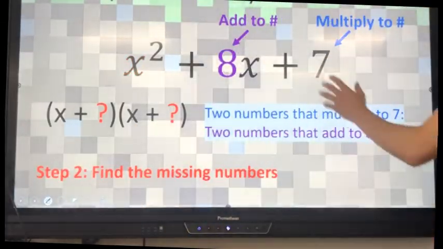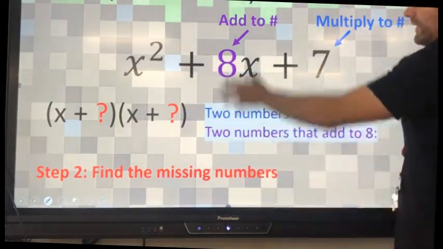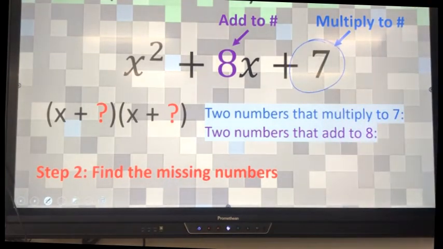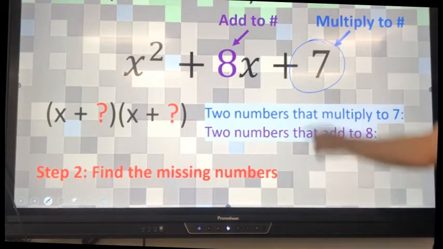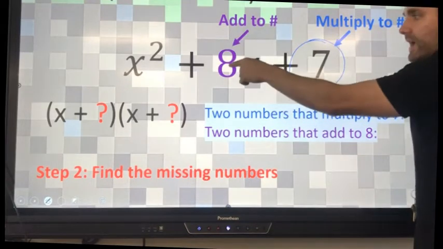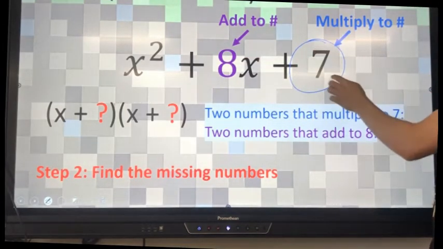Well, we've taken care of this side, the a, with those first x and x. Now let's look at the other numbers. Looking at the last number, 7, this is what I call my multiply to. I'm looking for two numbers that multiply to this number, and those two numbers also have to add to the middle number. But first, let's look at the last number, 7.